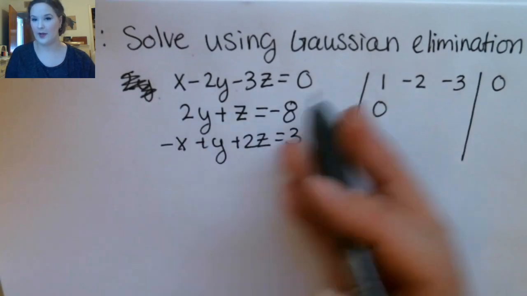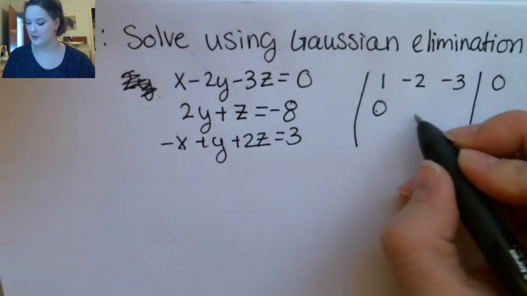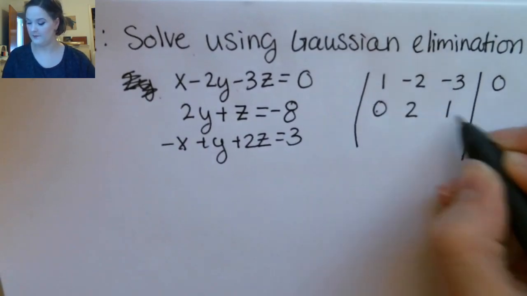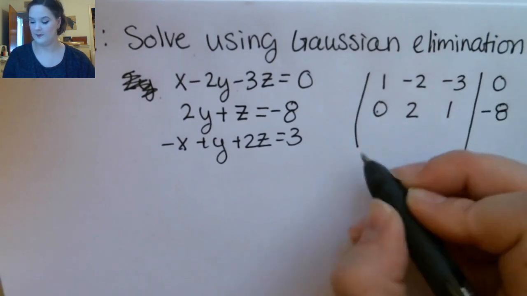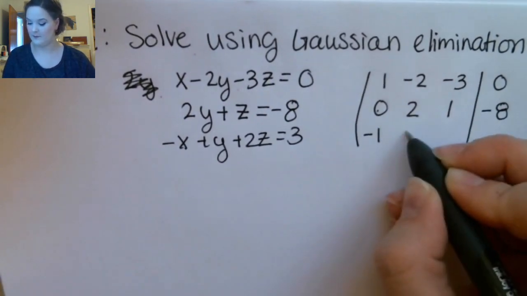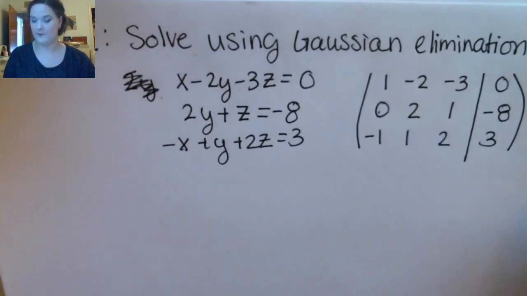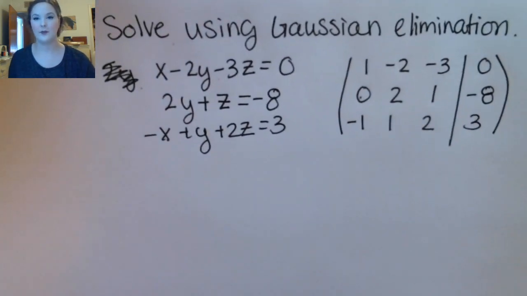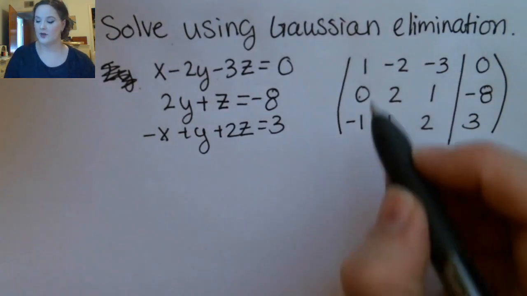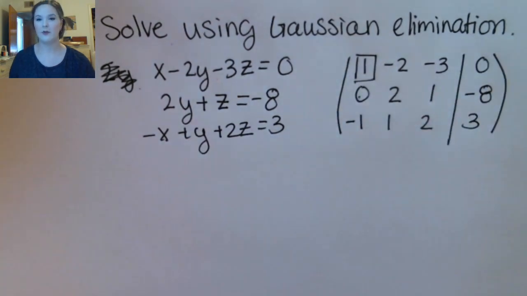Remember, because there's no x, we're putting a 0 in the x position. Okay. All right. So now we're going to start in the top left corner. Okay. And we're going to make that entry a 1. Okay. That entry is already a 1, so that's good. All right. Step 1 taken care of.